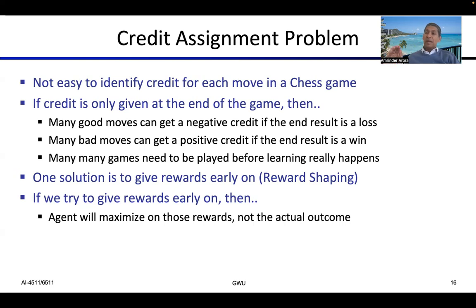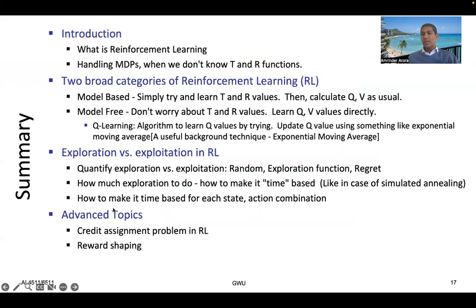And this solution is called reward shaping. But the problem with reward shaping also is that if you try to give the agent rewards early on, then the agent will just maximize those rewards and still end up losing all the games. So we have to be careful with it. But this is a problem, and this is one of the suggested solutions.